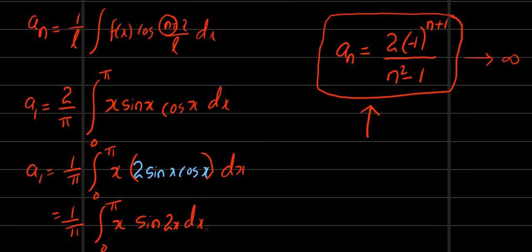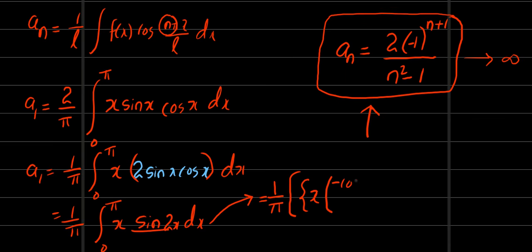Now it's time we applied Bernoulli or integration by parts. I'll always recommend Bernoulli's rule because it saves a lot of time. Now tell me, what is integral of sine 2x?